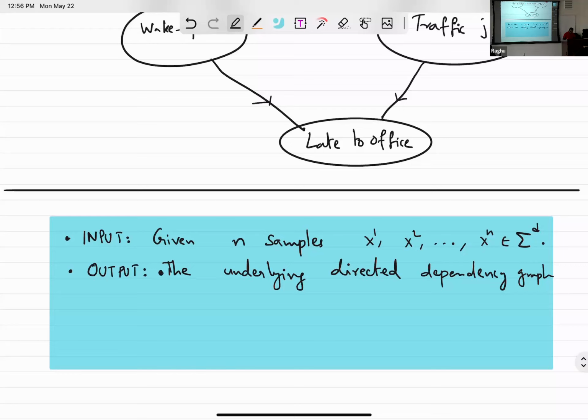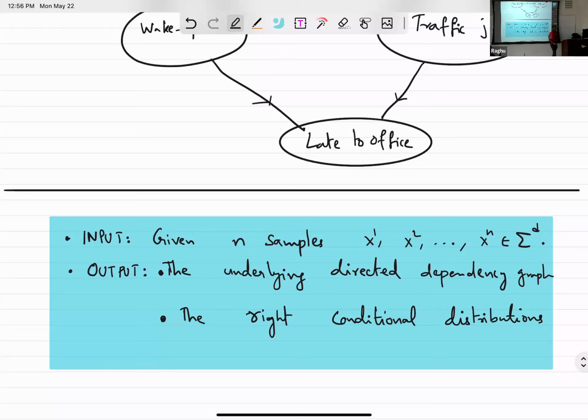And then I also want the right conditional distributions. So there are two goals. I can say, I don't know the underlying directed dependency graph, and I can try and learn that.